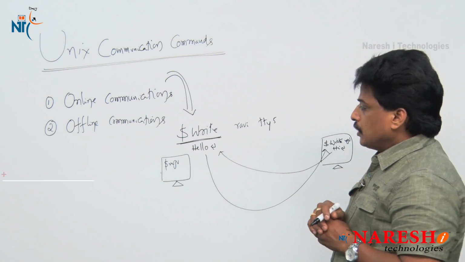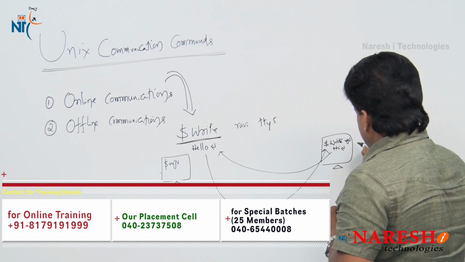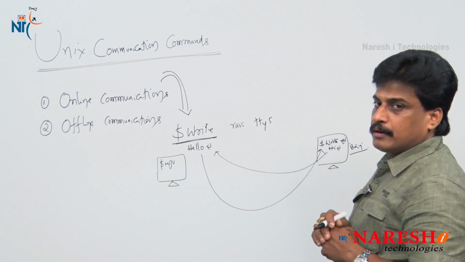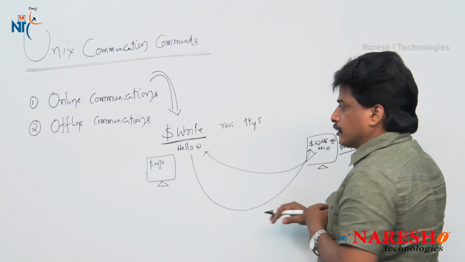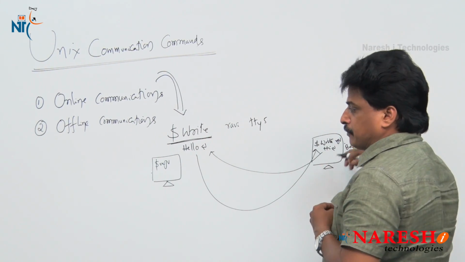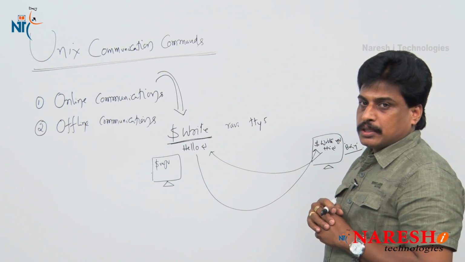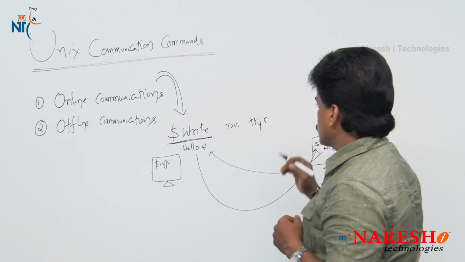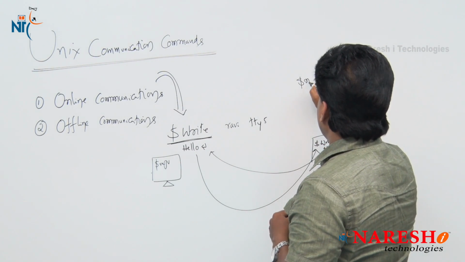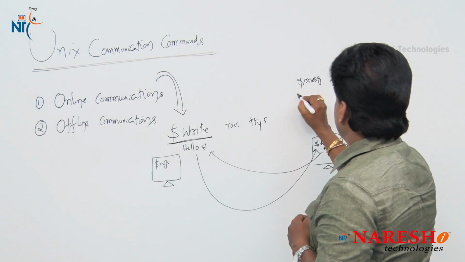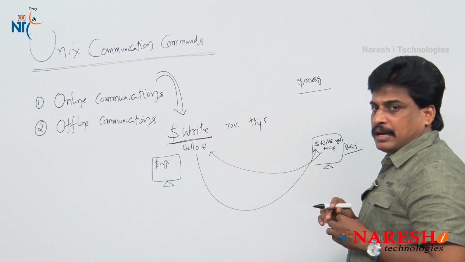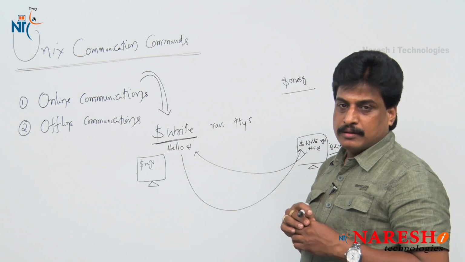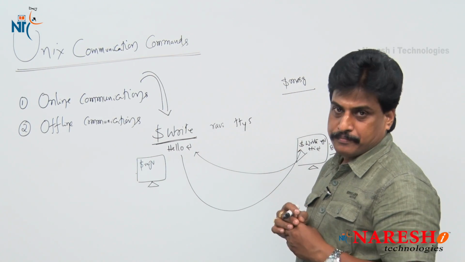For example, here Raju is a little busy. Take a scenario, Raju is busy. At that time Raju is not ready to allow any message from any other users. For that, there is another command called MESG, message. This command's speciality is allowing or disallowing messages to a particular user.